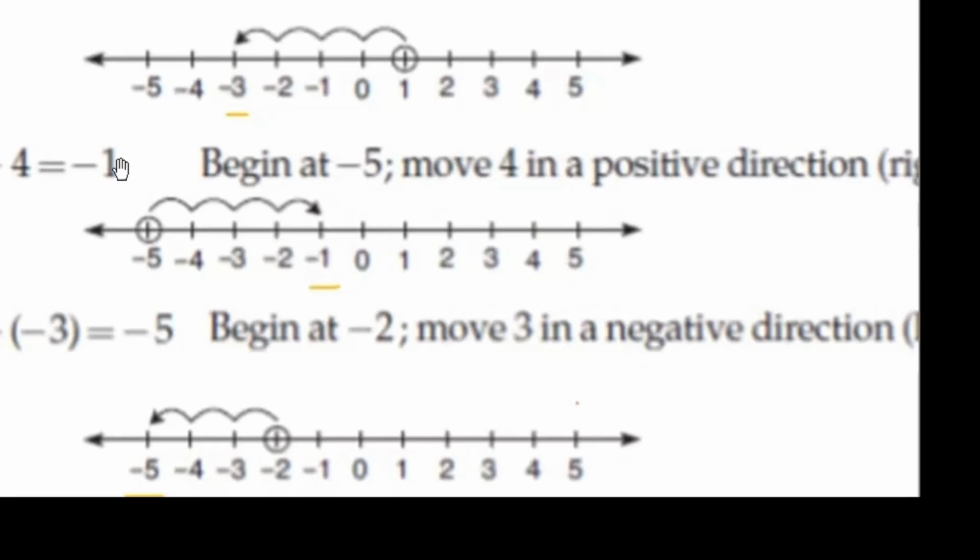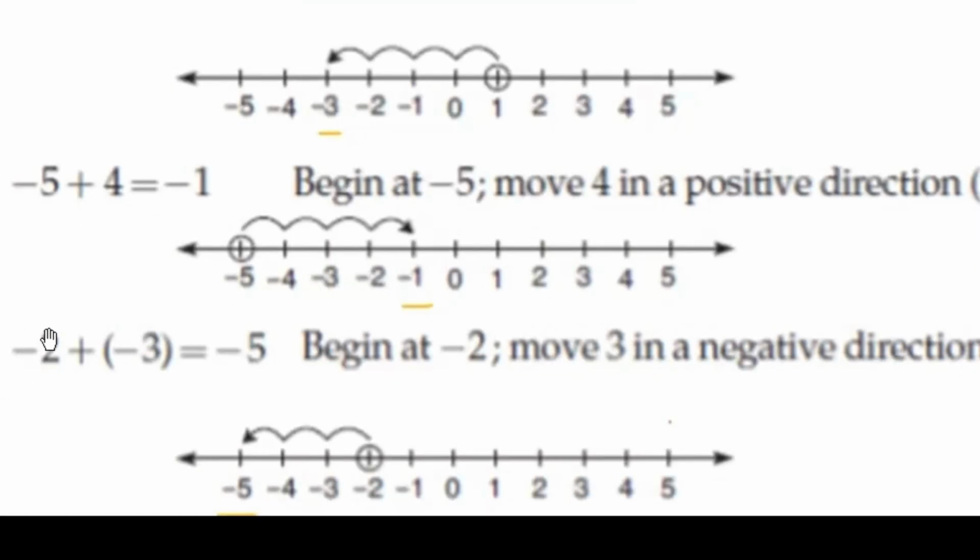And that just means that they're 1 space away from not owing the bank anything, or essentially 1 space away from being neutral or being at 0. So again, we start at -5, and then we simply count 4 spaces over to the right and read off the value where we stop.